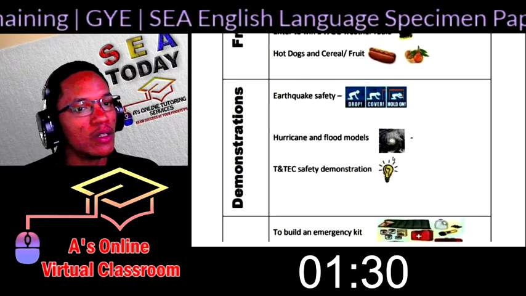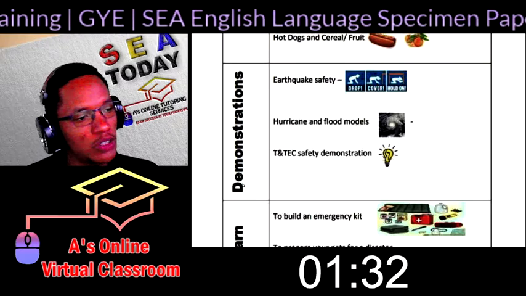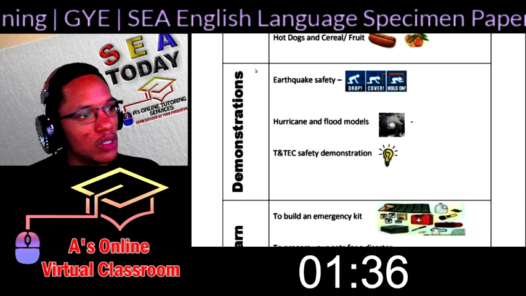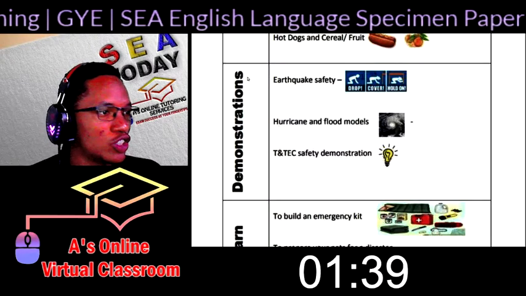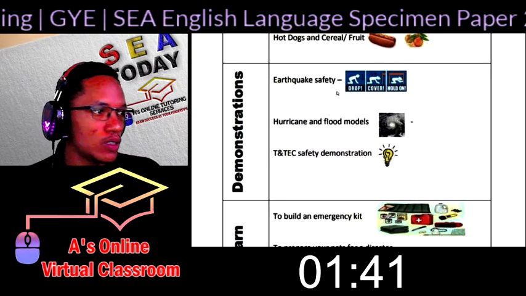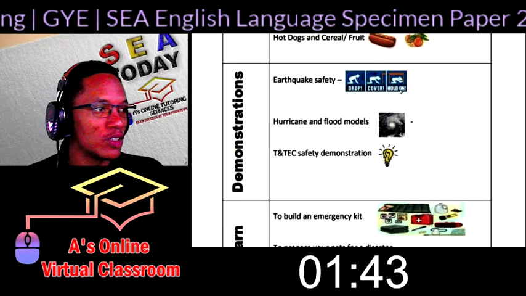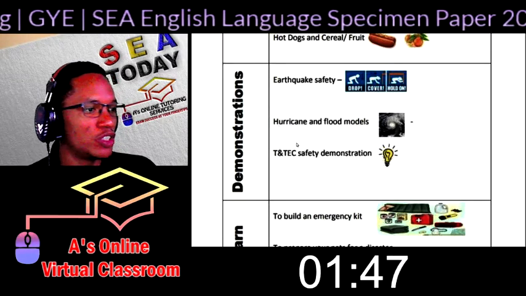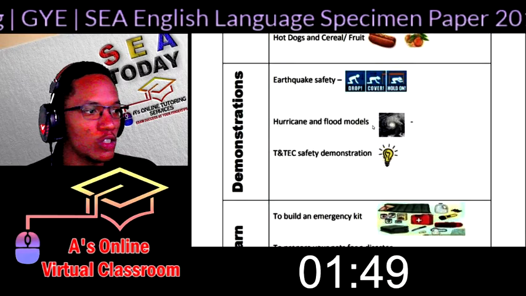Then in the middle they have demonstrations. That's this word running up this way. They're doing demonstrations on earthquake safety, where we're seeing drop, cover, and hold on. Then demonstrations for hurricane and flood models.